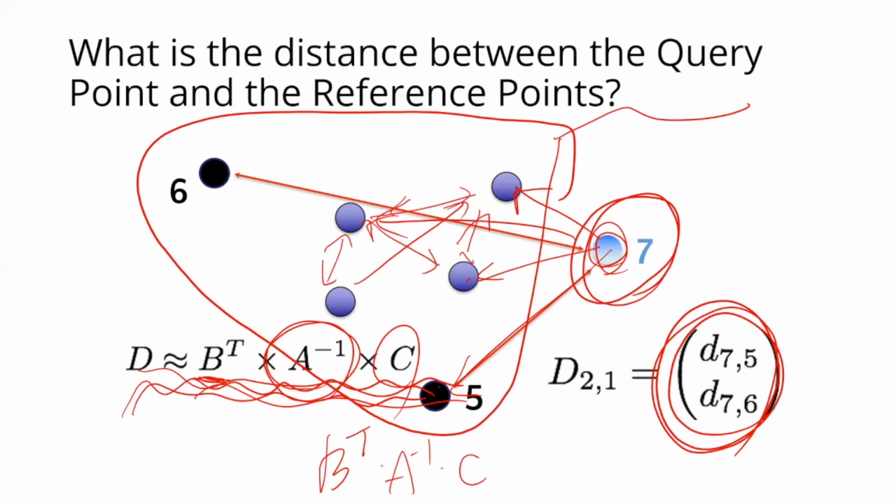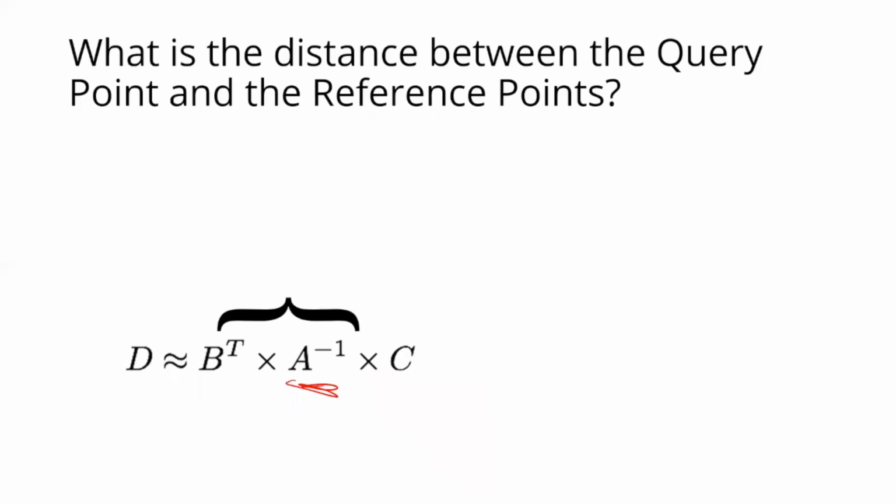So everything about the points in the database can be computed offline. A inverse, which is based on the distance matrix among the pivot points, can be computed offline without having to worry about what's going to come in as a query in the future. The same goes for the distance from the references to the pivots.